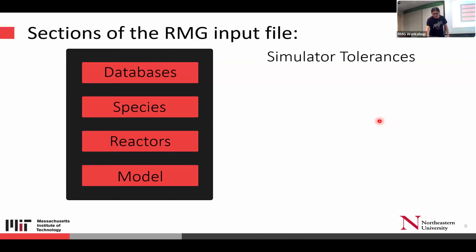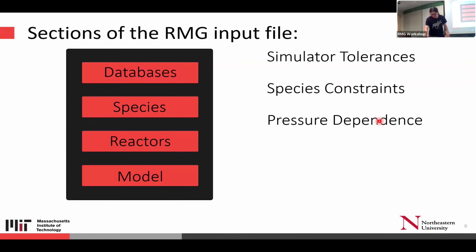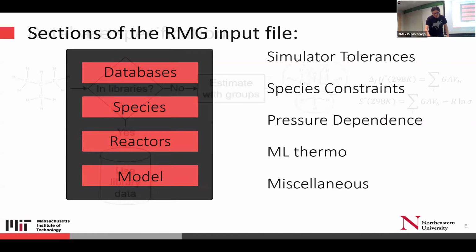Then there are a whole bunch of extras that you can choose to use the defaults for or specify yourself, like simulator tolerances, species constraints, things you want to forbid or encourage, I guess mostly forbid, pressure dependence, and there's also machine learning thermoparameter estimation, and a few extra miscellaneous things.